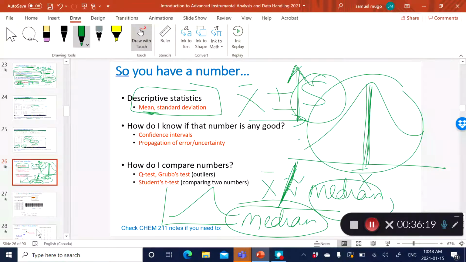So how do I know the data is fairly good? I look at the confidence interval, and as I've mentioned, you look at the error. If the error is very, very large, then you should realize you've got a problem right there, and you should look at your data again. Of course, the error, or the uncertainty, could just be something related with the instrument.